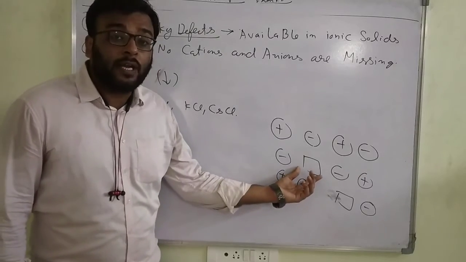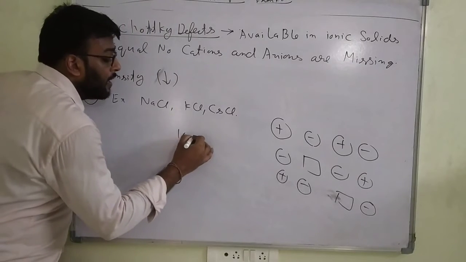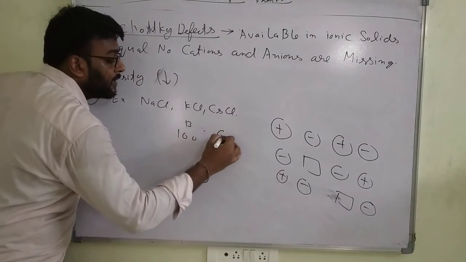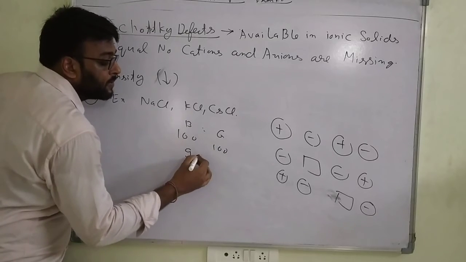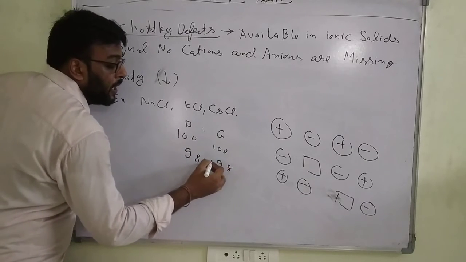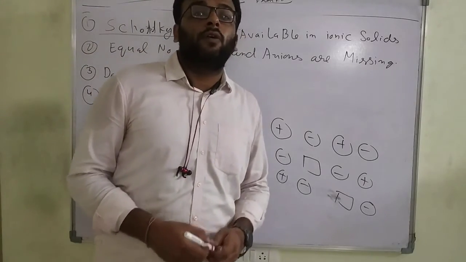So suppose one cation is missing, one anion is missing. Suppose in a section there are 100 boys and 100 girls. Suppose 2 boys are absent, so an equal number of girls are also absent. 98 is 98. Equal numbers of cations and anions are missing in this type of defect.